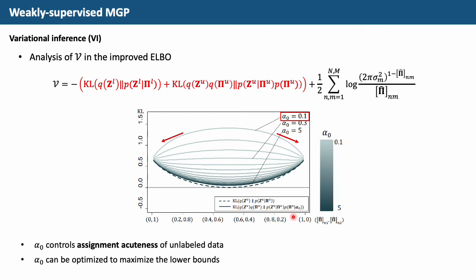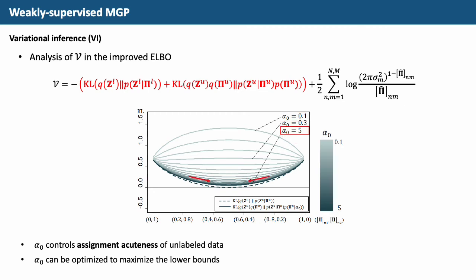In the figure, x-axis represents the probability of group membership. As we go to the edge of this axis, the group membership is well assigned. So, if we have a small alpha 0 like 0.1, then the model prefers to assign a certain group to an observation.